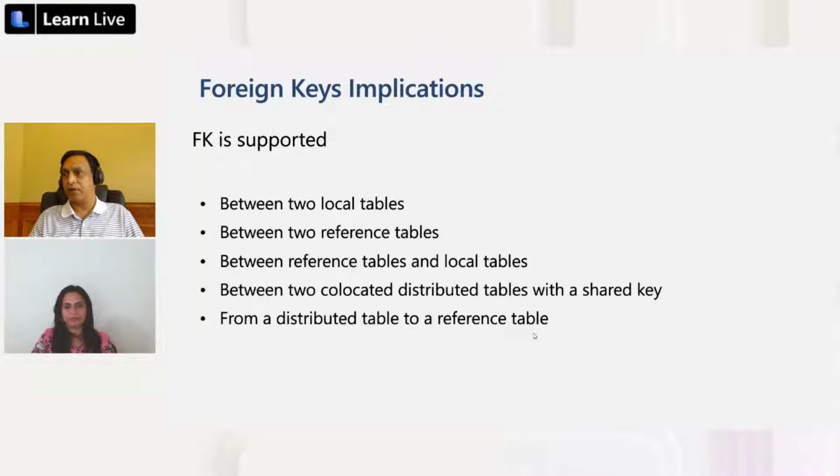And distribution table to reference table is basically the dependency, right? Because of the co-location we are using, we could make sure the foreign key can be used at that time. And reference tables are allowed to have a foreign key relationship because it is a copy in each shard. So that's why it is fine.